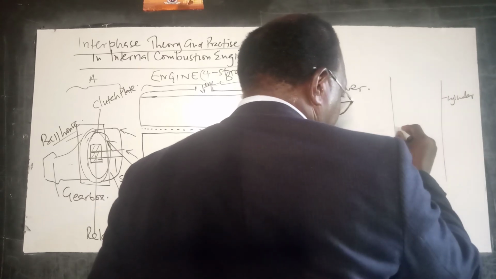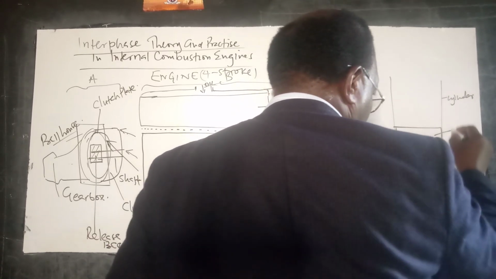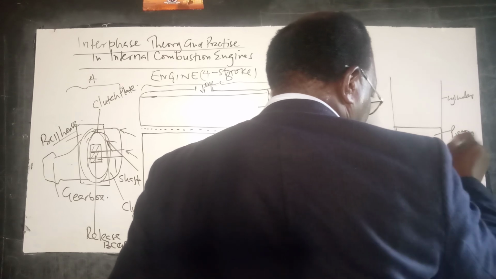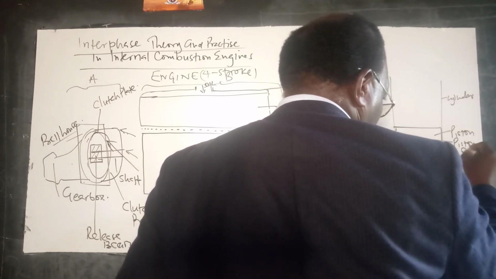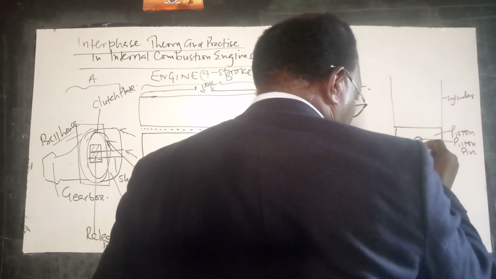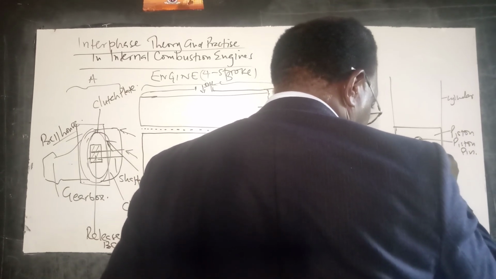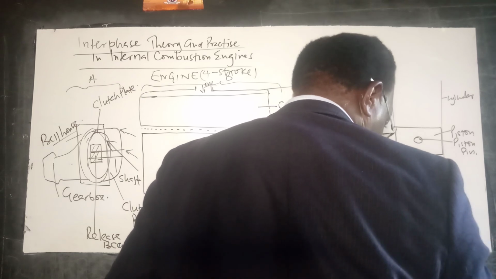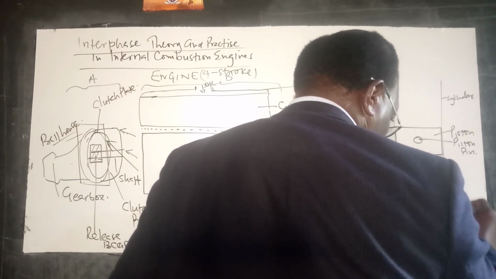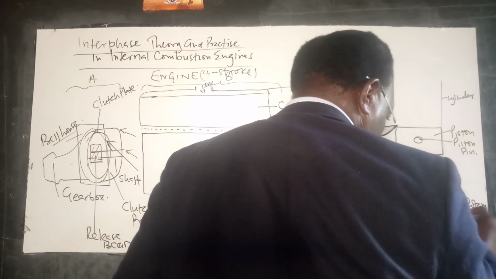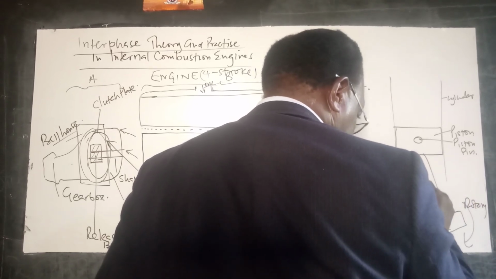Just to remind you, then we have our piston, that's the piston cap, we have our piston pin, then we have our rod. That's rotary motion, and this is reciprocating motion. Don't forget that.